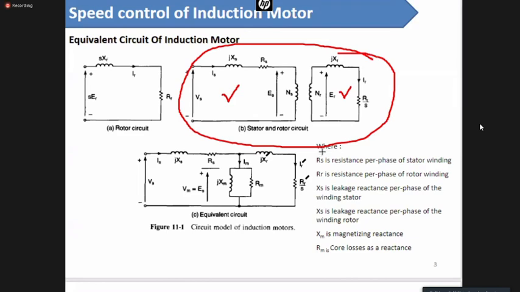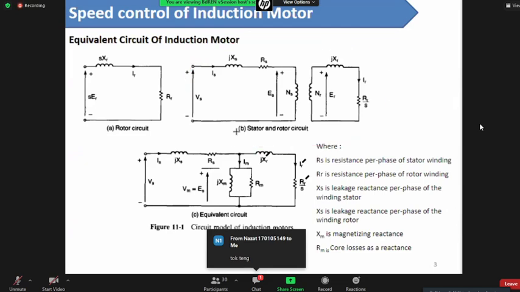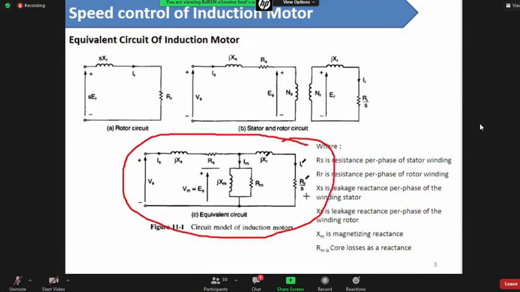But to have a simpler analysis, we try to bring the secondary side to the primary side. When you bring the rotor circuit to the stator circuit, the circuit would look like this. Because we have taken the secondary components to the primary side, there is a little bit of conversion.